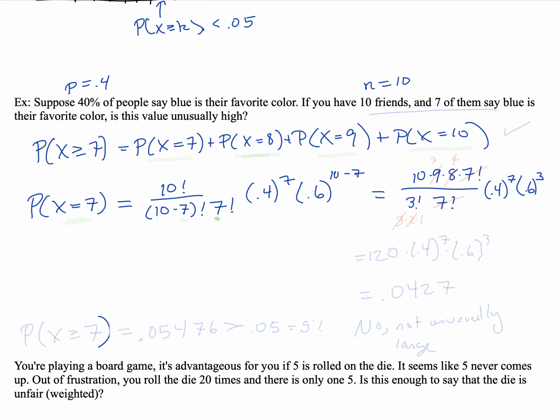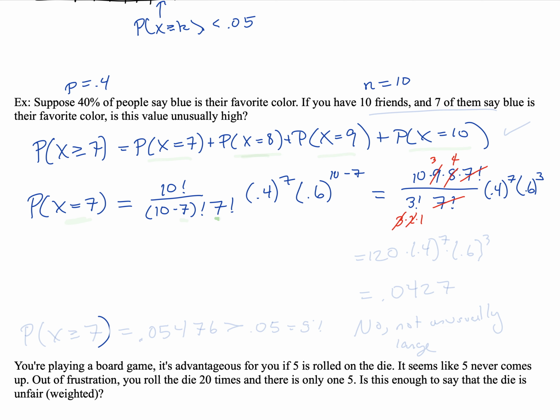And so we could continue to simplify. 3 factorial is 3 times 2 times 1. Our 7 factorial cancels out with the 7 factorial up here, so we could also do some reducing of this fraction that way.